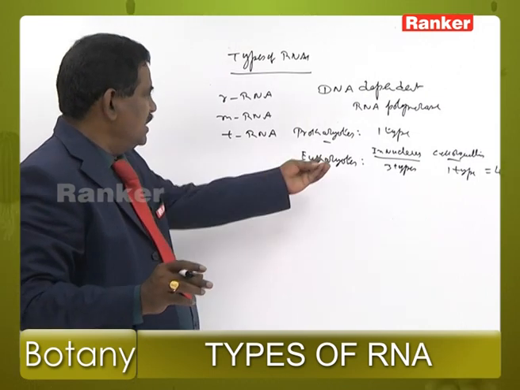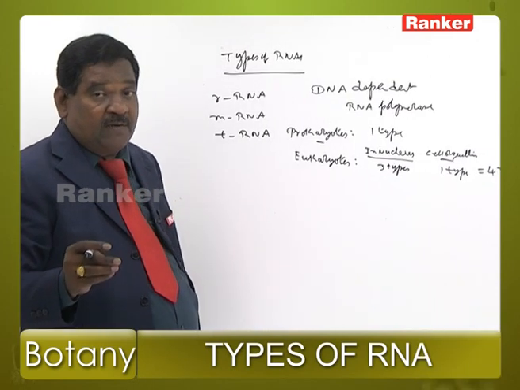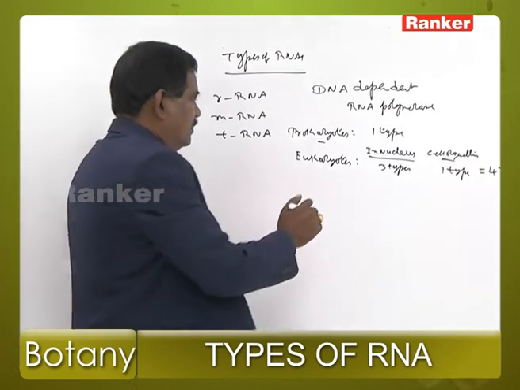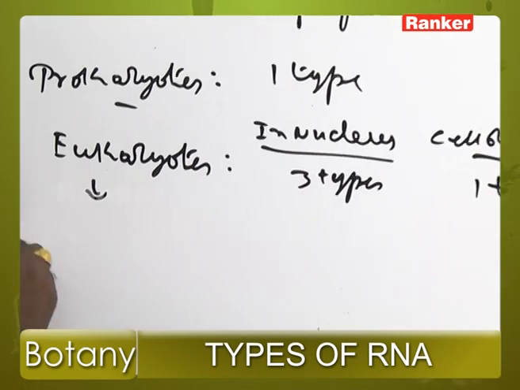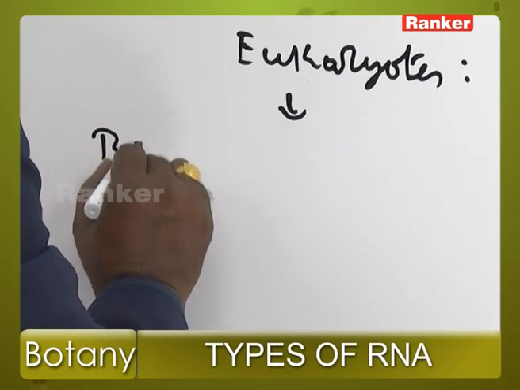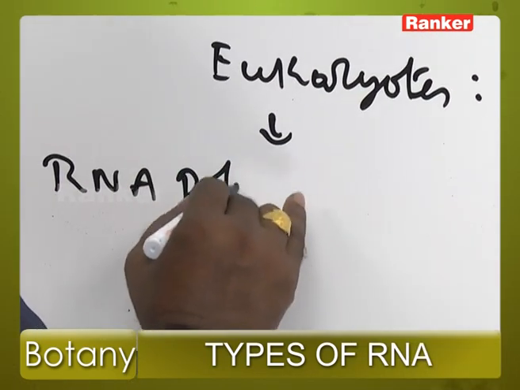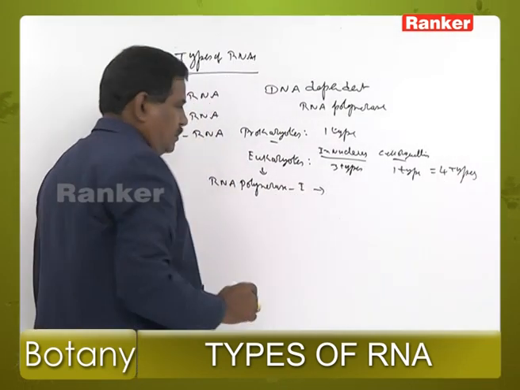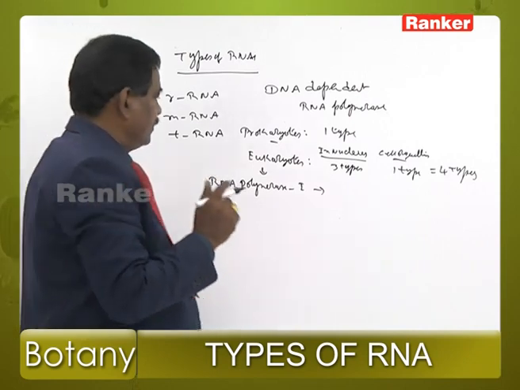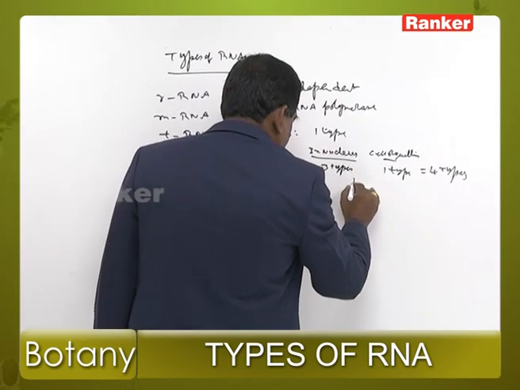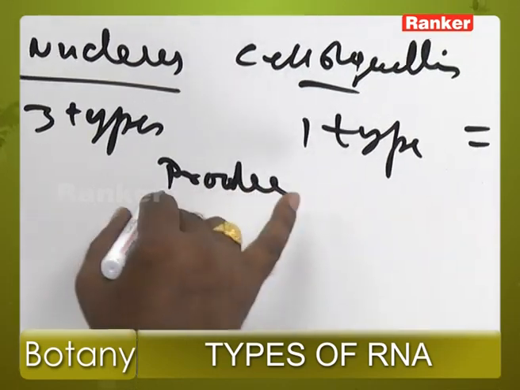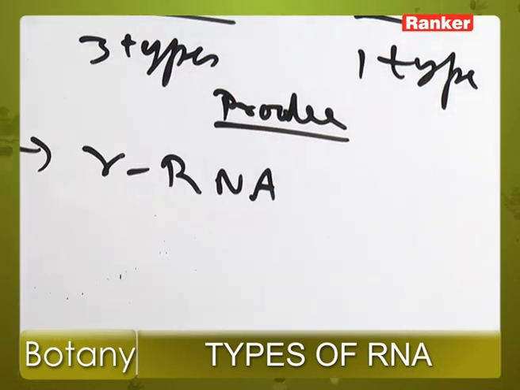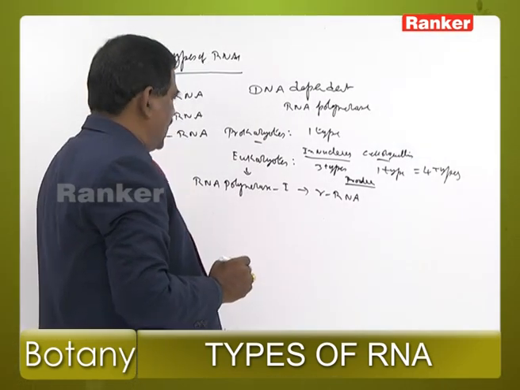Now, come to the nucleus. What are the 3 types of RNA polymerases, and what functions do they perform? RNA polymerase 1 produces ribosomal RNA.